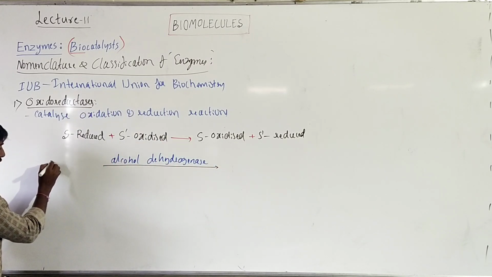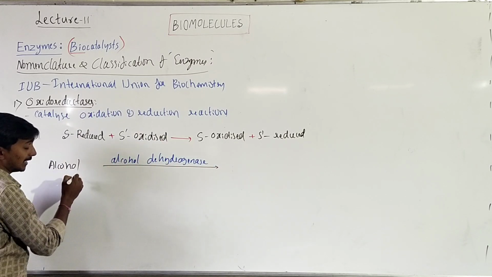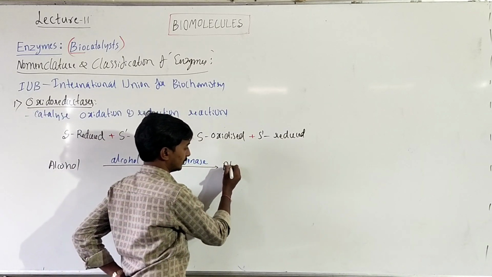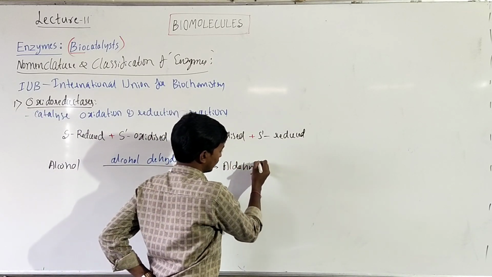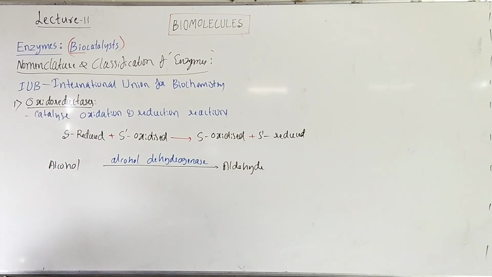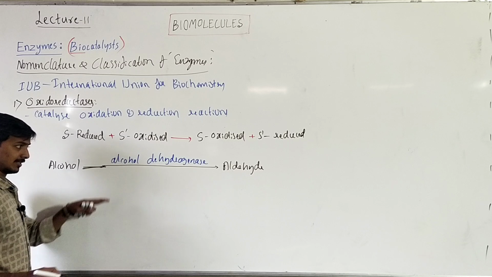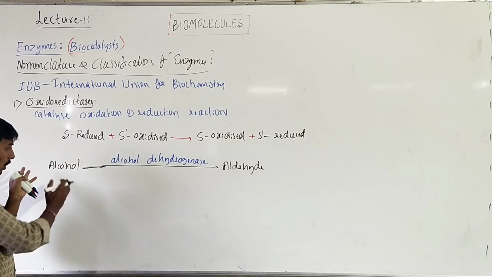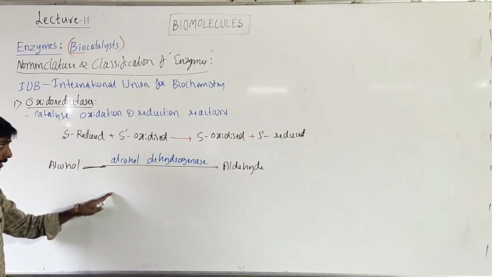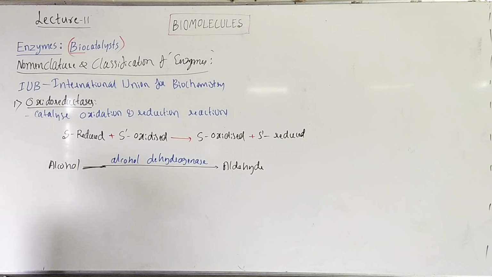This enzyme will convert alcohol into aldehyde just by the activity of oxidation and reduction. Okay, this is one of the examples for that, right? Move on to the next category. Second one, transferases.